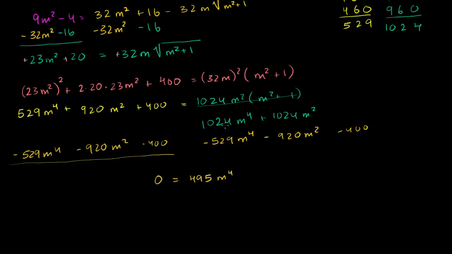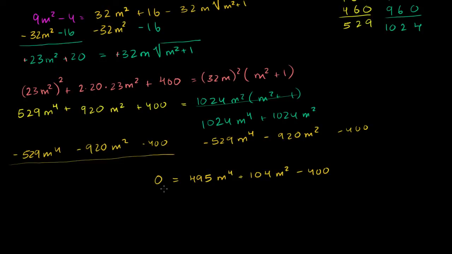Did I do that right? 1024 minus 524 would be 500, but I'm subtracting 5 more than that, so that is going to be 495. And then 1024 minus 920, see, it's 80 plus 24, so it's going to be plus 104 m squared minus 400 is equal to 0.